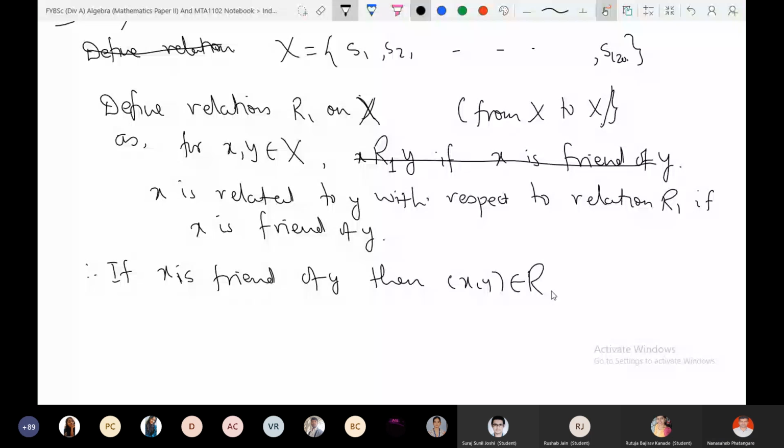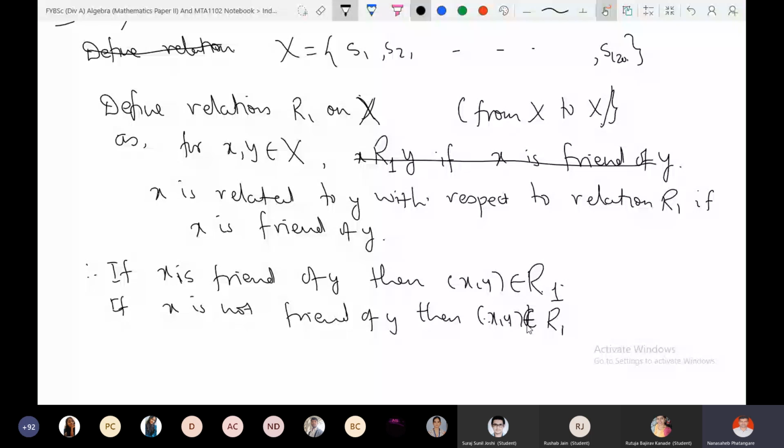If X is not friend of Y, then this pair is not in R1. So when the pair is in R1, X is related with Y with respect to relation R1. When the pair is not in R1, X is not related to Y with respect to R1. So that is the meaning of pair is in R1 or pair is not in R1.